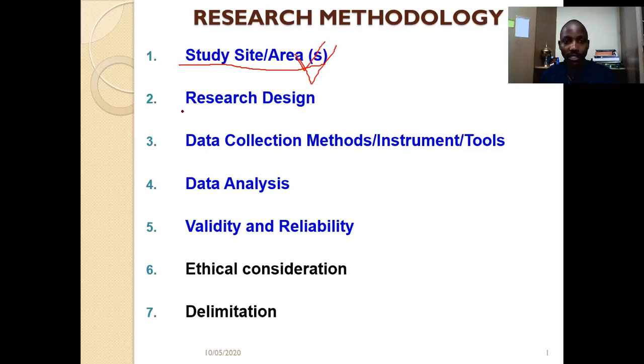Today, we are going to discuss the second part of the research methodology, which goes by the name of the research design. It is one of the sections under the research methodology which has a lot of complications, in which most of its information is overlapping. They overlap each other.